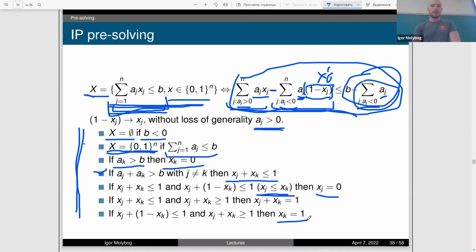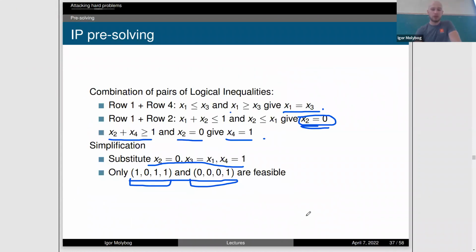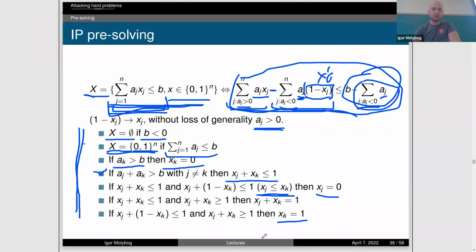We didn't have this example right here. Oh, we actually did have it right here. It's basically over here. So we just said that xj is equal to 1, x4 is equal to 1.